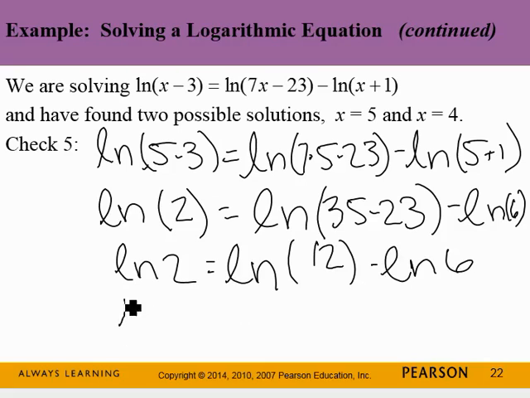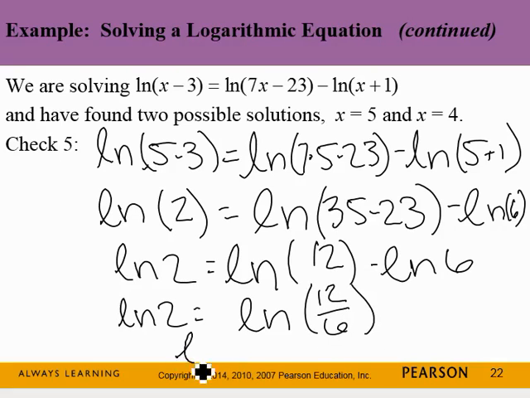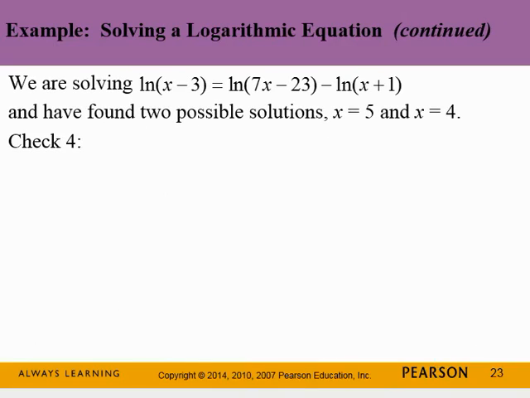Now we're going to do our division again, so combine or condense. So 5 checks out. We still need to check 4 to make sure that one works as well. We're going to do the same thing, we just have different numbers.